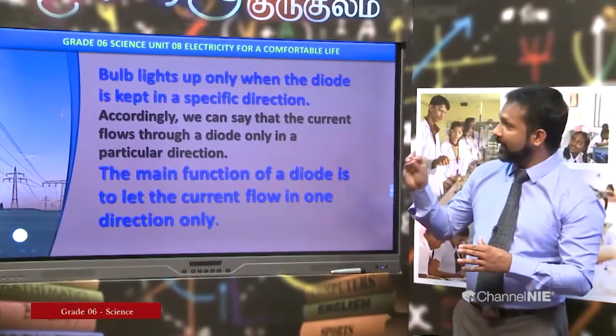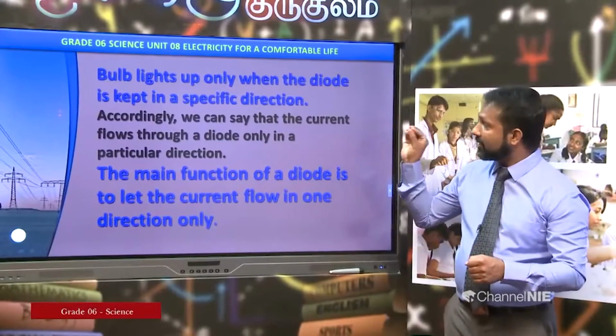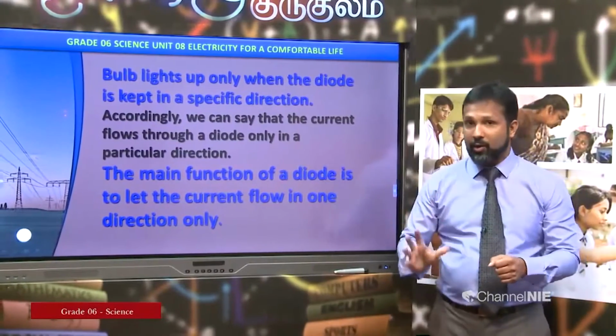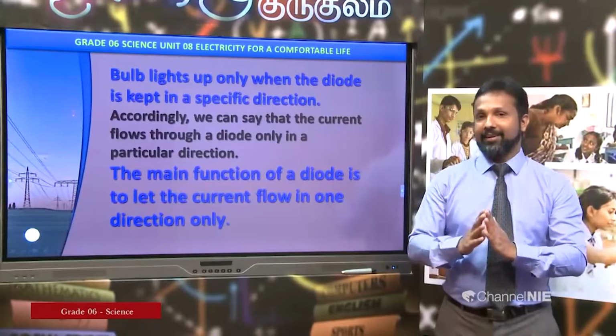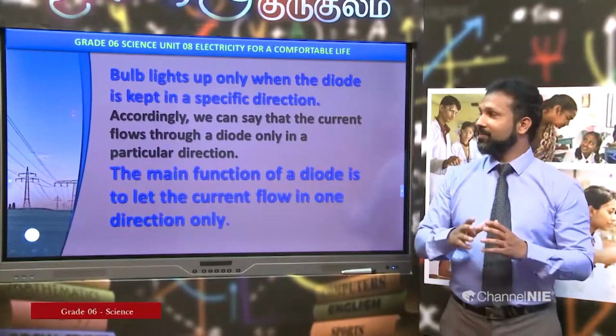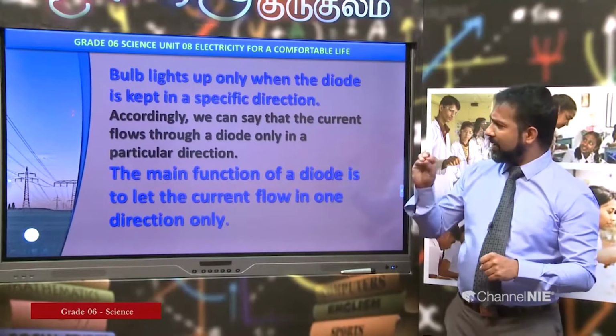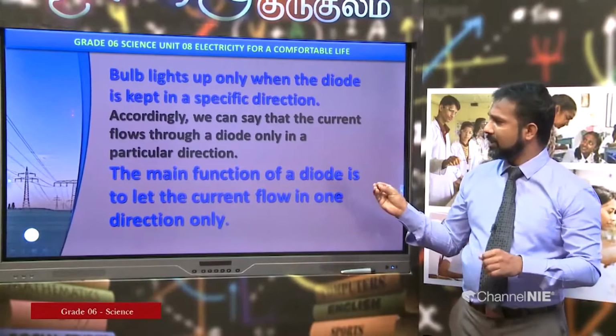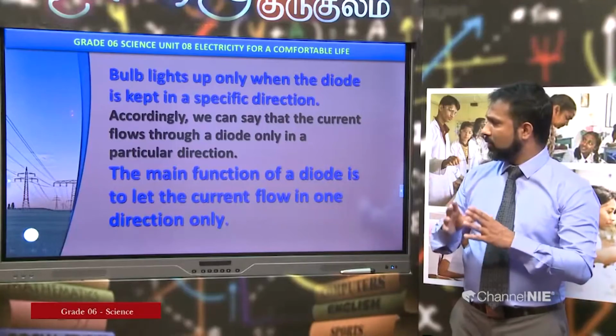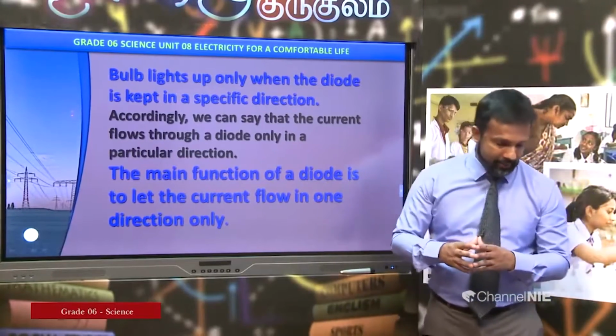Accordingly, we can say that current flows through a diode only in one direction. Right. The main function of a diode is to let the current flow in one direction only.